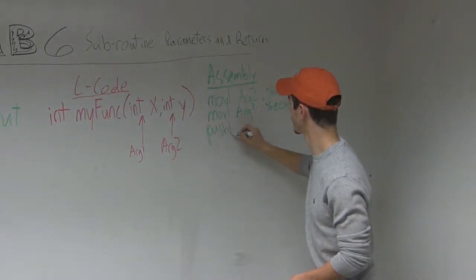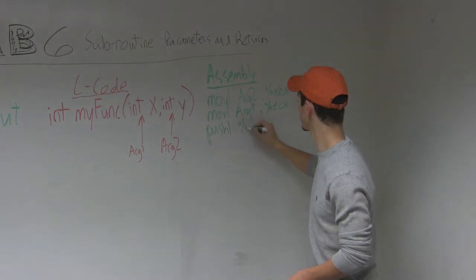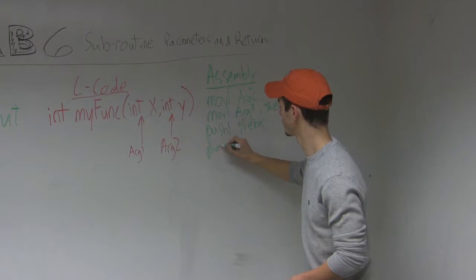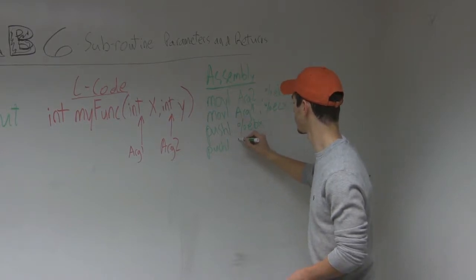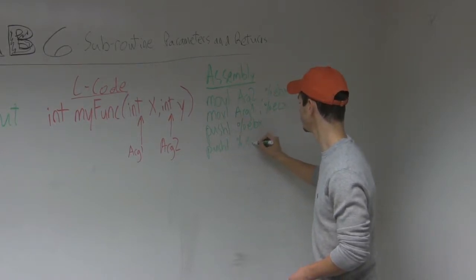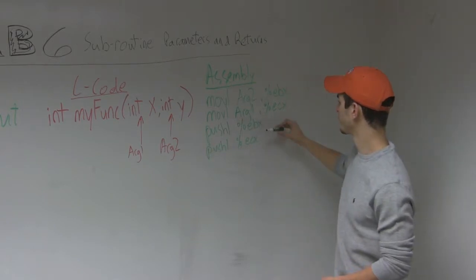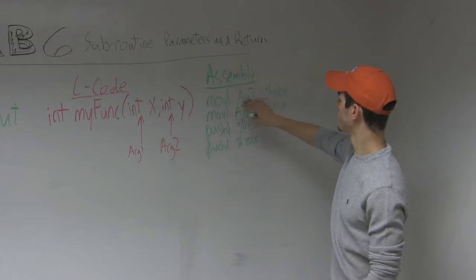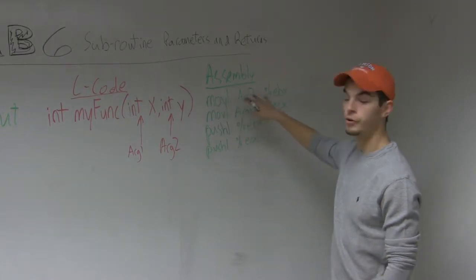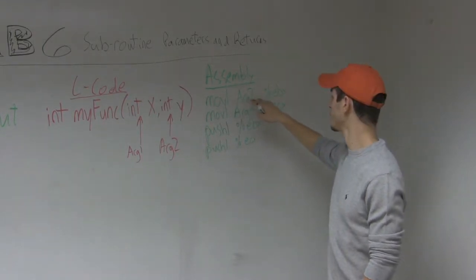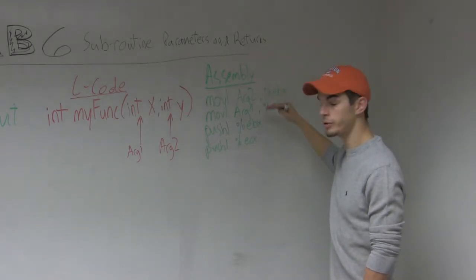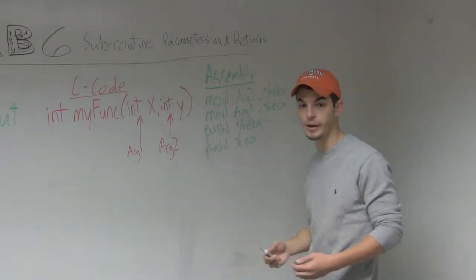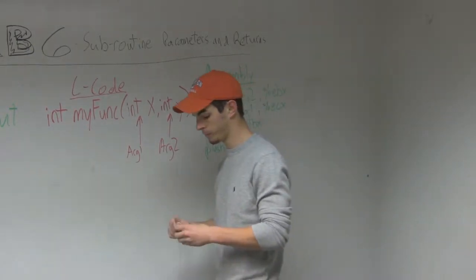So push your B register, push your C register. Now, the reason for this order is because if you move your last parameter into the registers in that order, then you can simply push the registers in the order that you've already written, so it makes it a little easier to understand that.